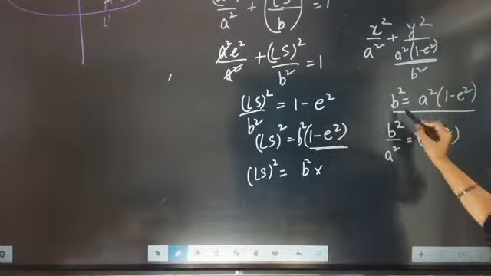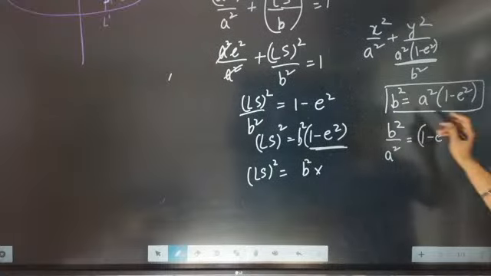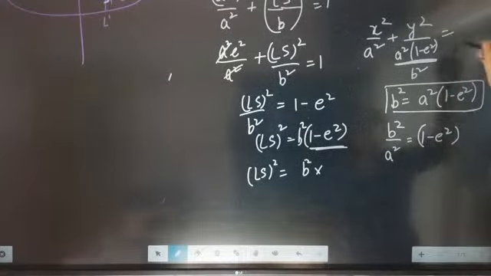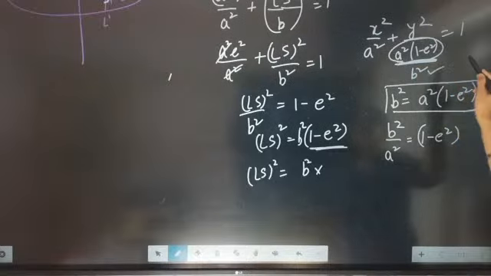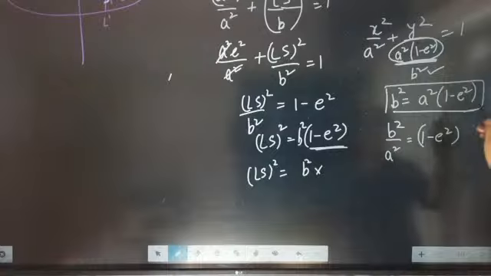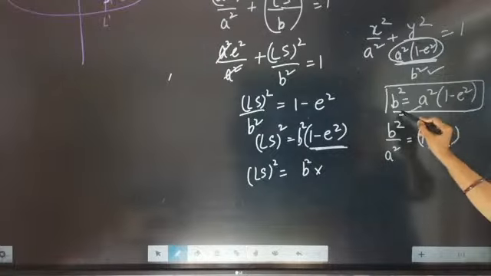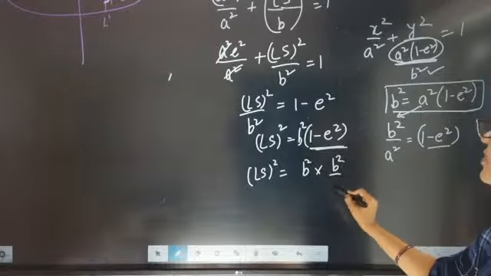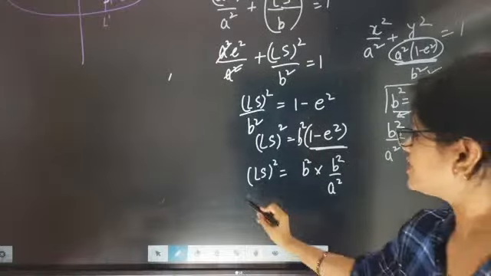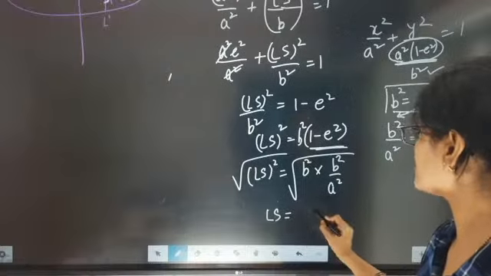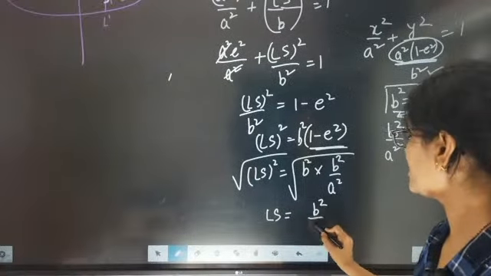So 1 minus e square is b square by a square, with a square shifted down. Instead of 1 minus e square, we write b square by a square. Now take the square root on both sides. So LS, the semi-latus rectum, is coming as b square by a.